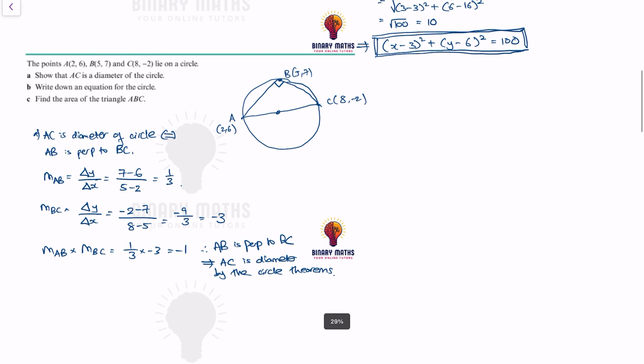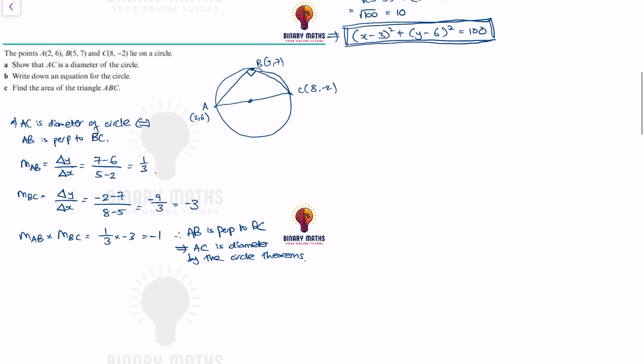Okay, part B. It says write down the equation for the circle. So first thing I need to do is work out the center of the circle. The center is the midpoint of AC, because remember it was a diameter.